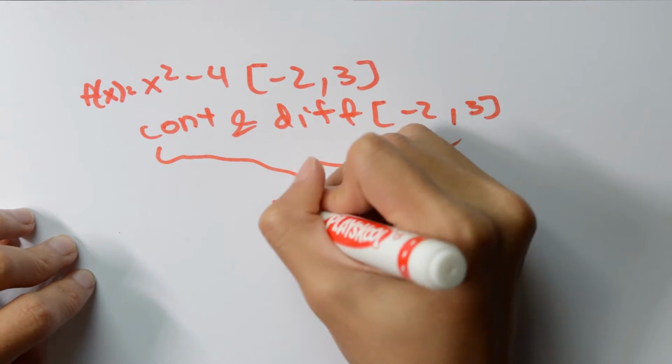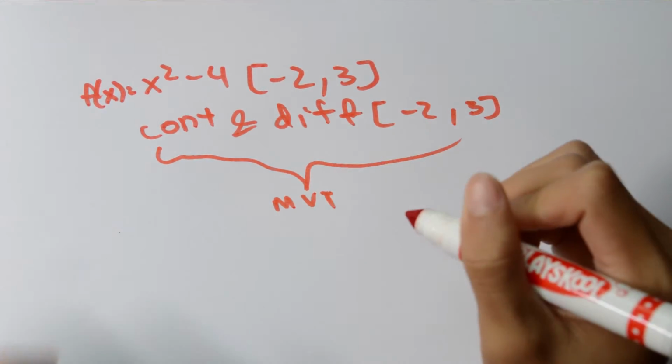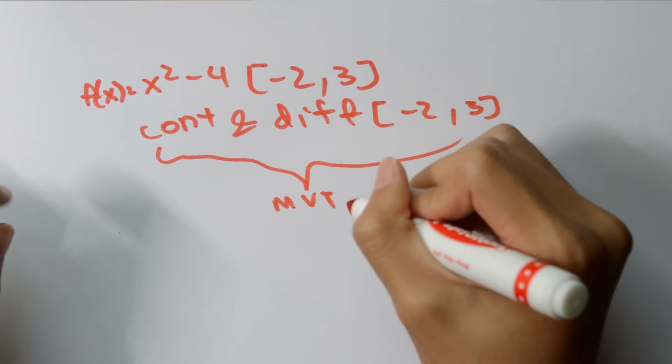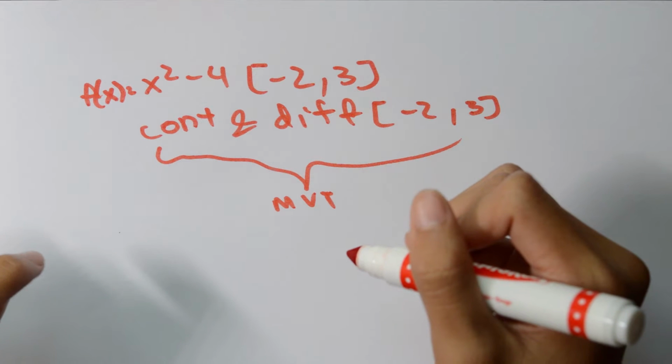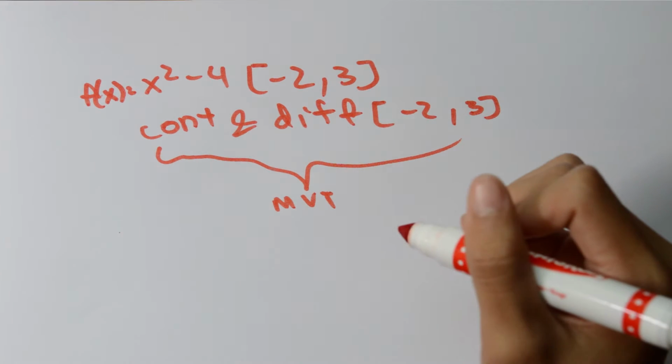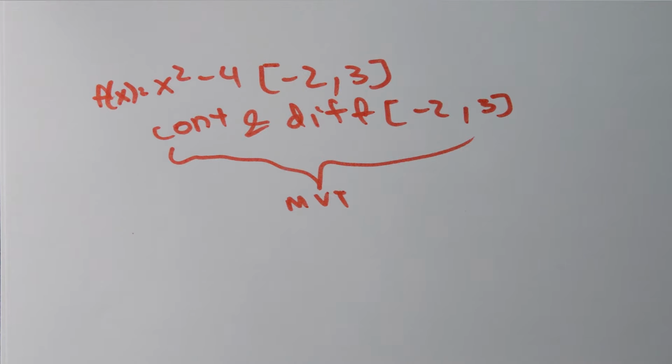This means that MVT would apply to this function. Since this satisfies MVT, there must be a point where the slope of its corresponding tangent line will be equal to the slope of the secant line running through -2 to 3.